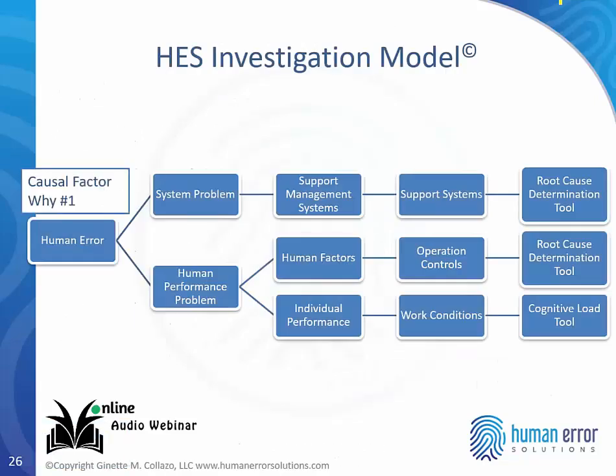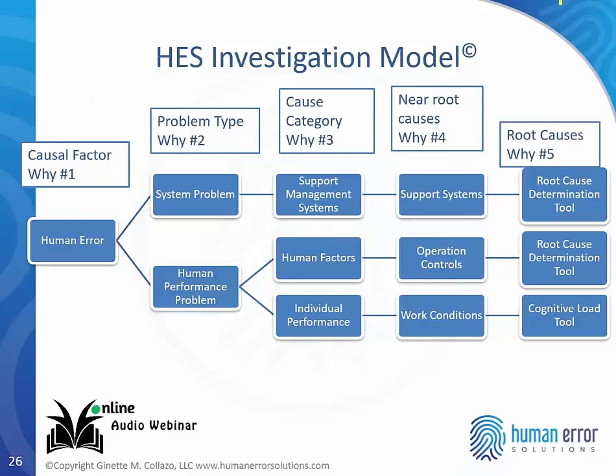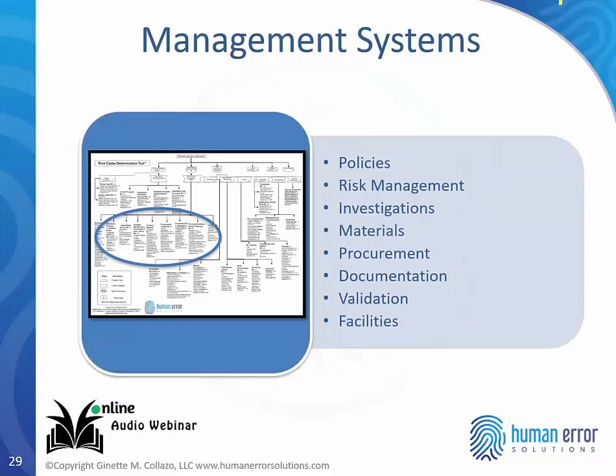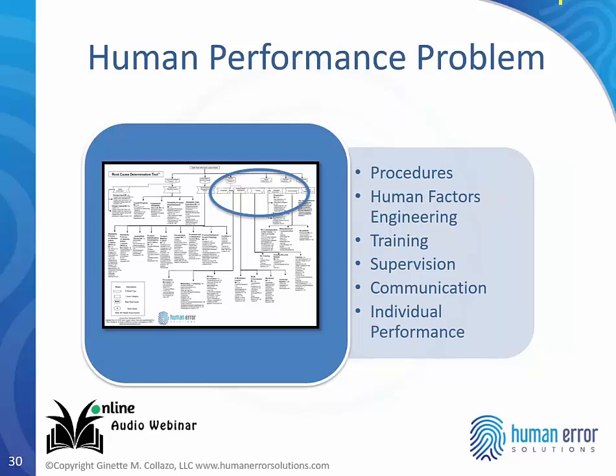So the model that we use for investigation is a five-why process, a document that has 100% of the root causes for human error. It was originally developed by the Department of Energy of the United States, and what we did in Human Error Solutions was to adapt it to GMP environments. And in systems, well, we have some policies, risk management, those are the categories.